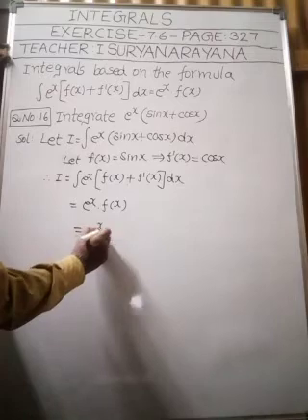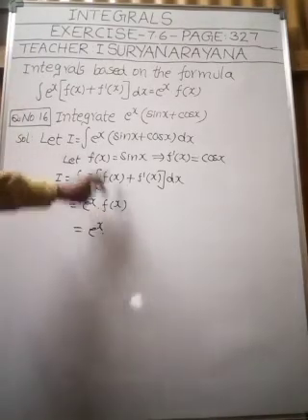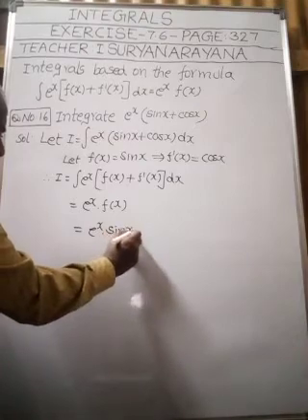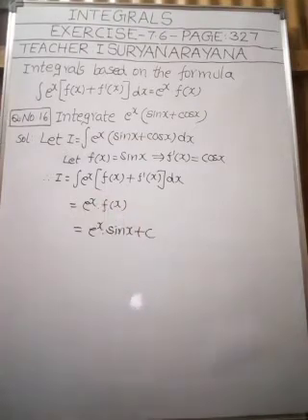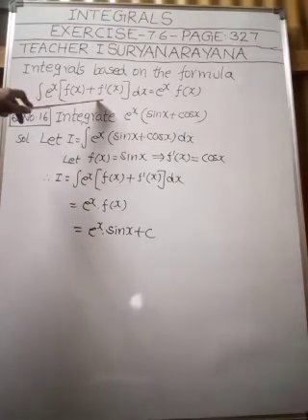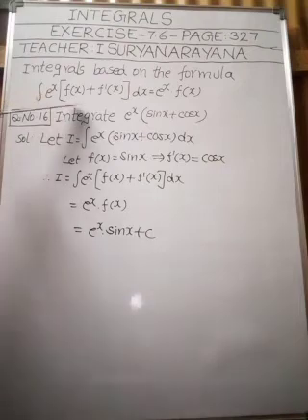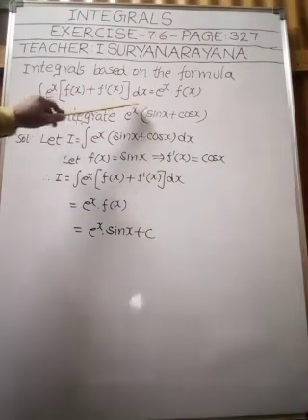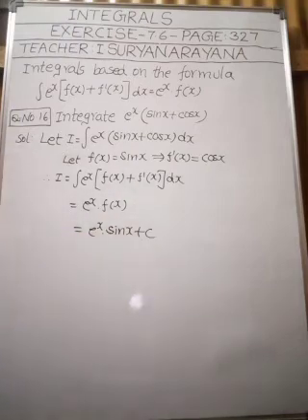Right. e power x into what is assumed as f of x here? sin x. e power x into sin x plus c. Understood this step, my children? This is another type of functions. To integrate this type of functions, we have to follow this formula. Okay, my children, understood this question? Right.